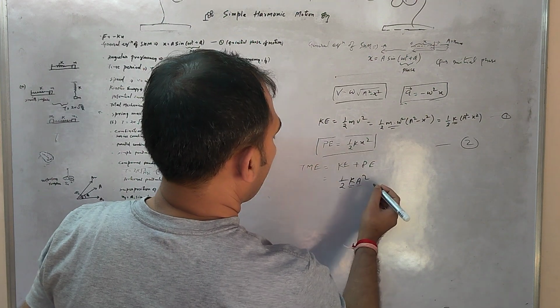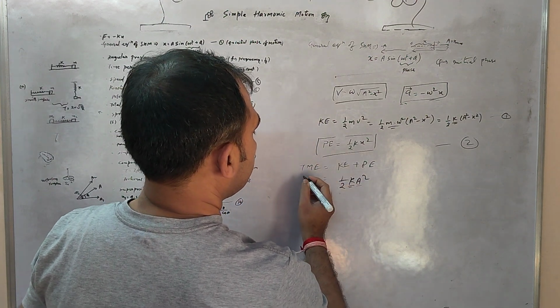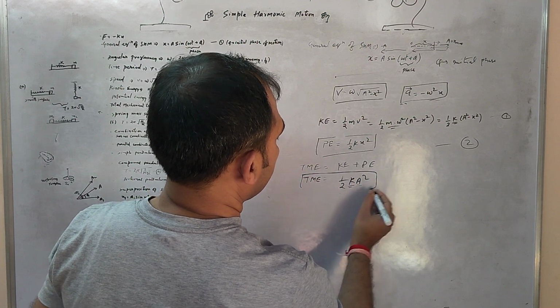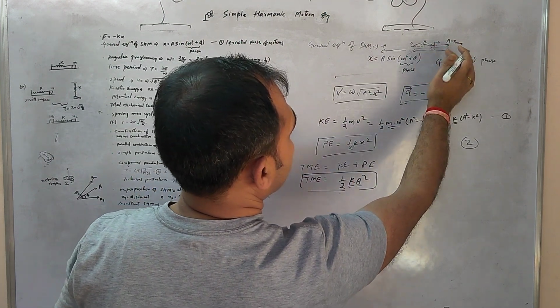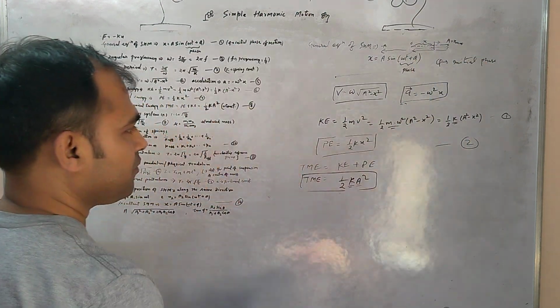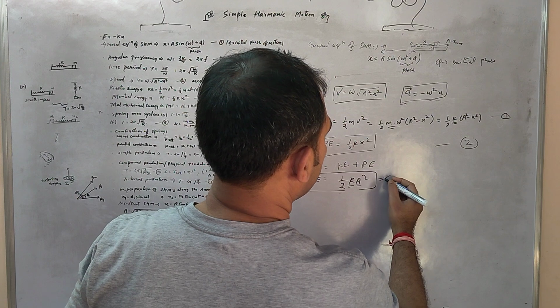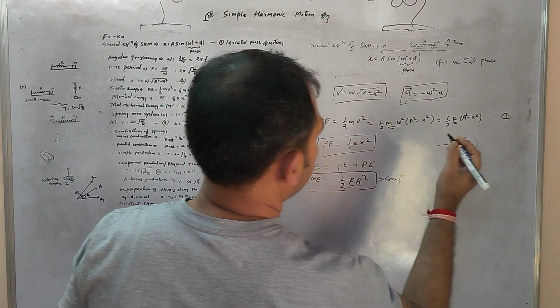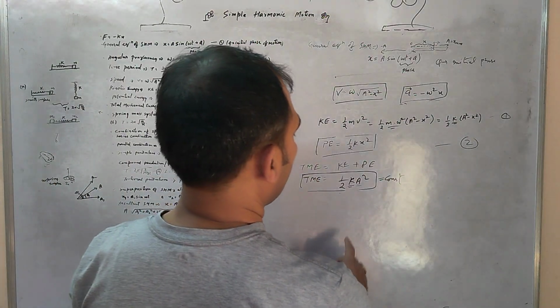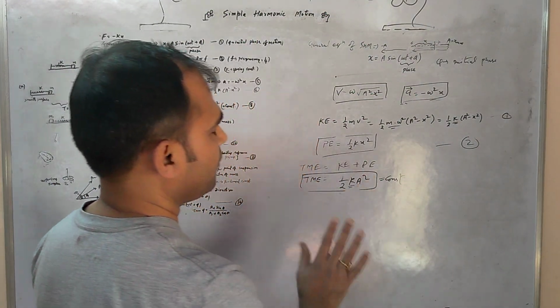So the total mechanical energy is constant throughout the motion at any general point between minus a to plus a. This will remain constant forever, provided the amplitude is constant.